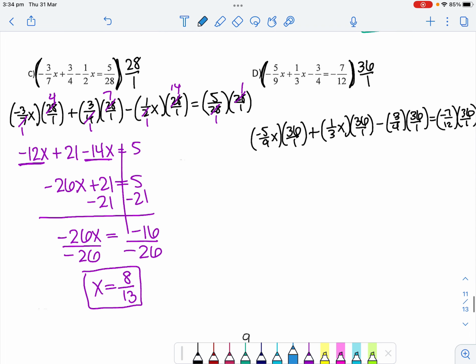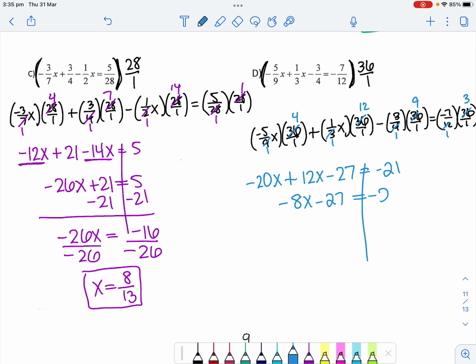So for all my cross canceling, 1 and 4, 1 and 12, 1 and 9, 1 and 3. So negative 20x plus 12x minus 27 is equal to negative 21. So negative 8x minus 27 is equal to negative 21.